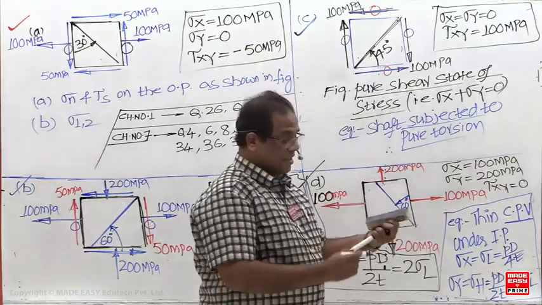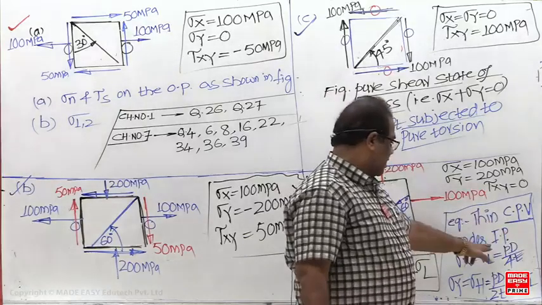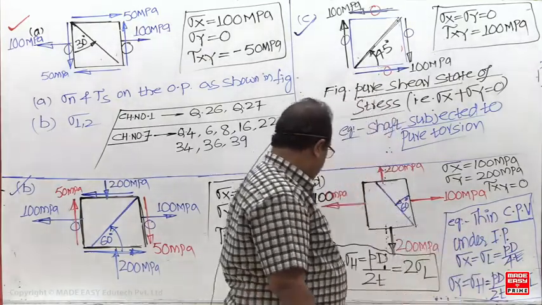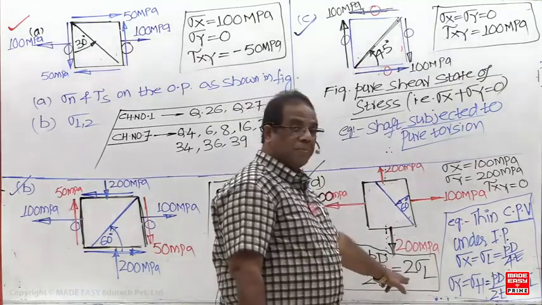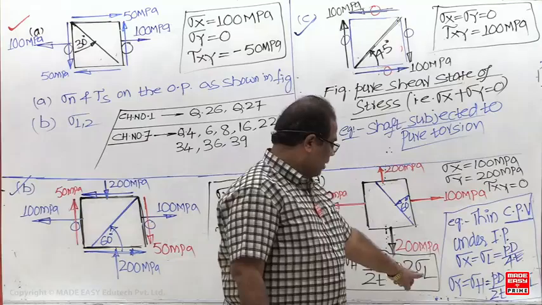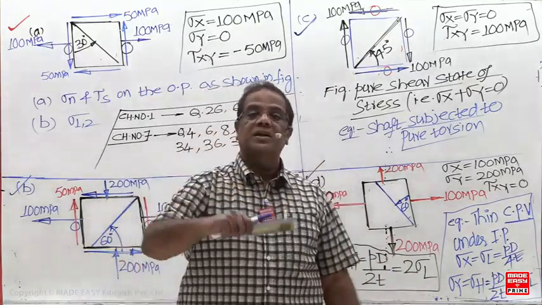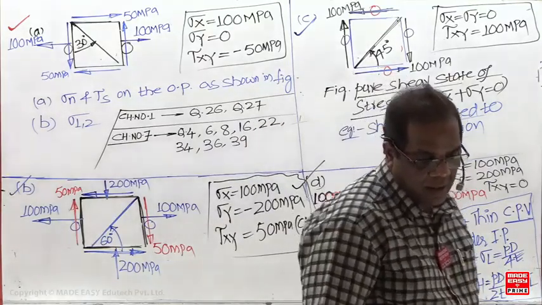In the case of a thin cylindrical pressure vessel under internal pressure, sigma x is the longitudinal stress, PD by 4T, and sigma y is the hoop stress, PD by 2T, which is 2 times the longitudinal stress. L means longitudinal, H means hoop stress. How we got it, you are going to study in chapter number 9.